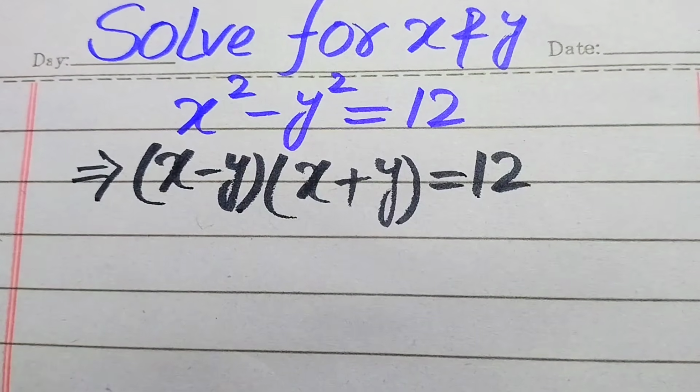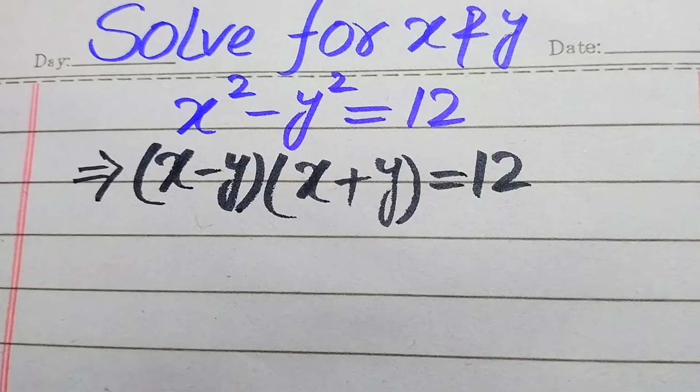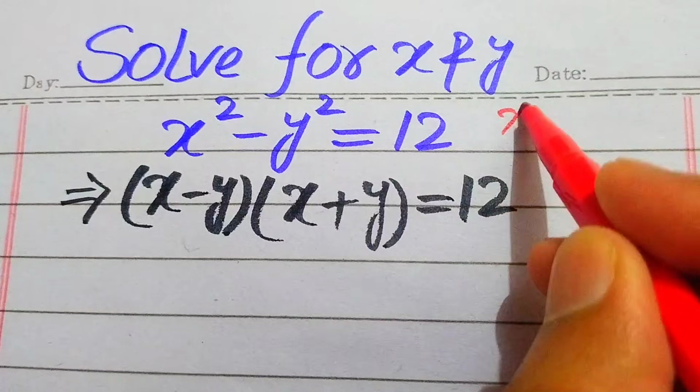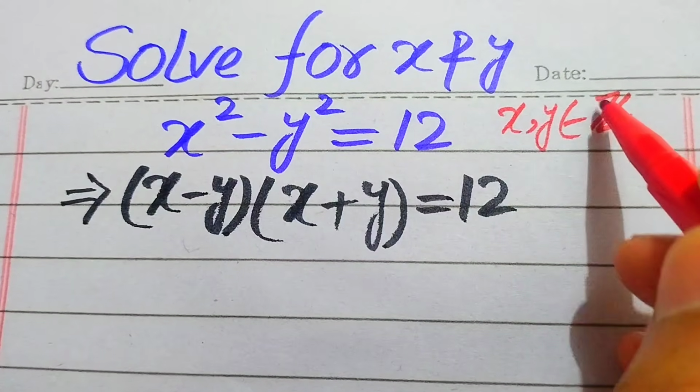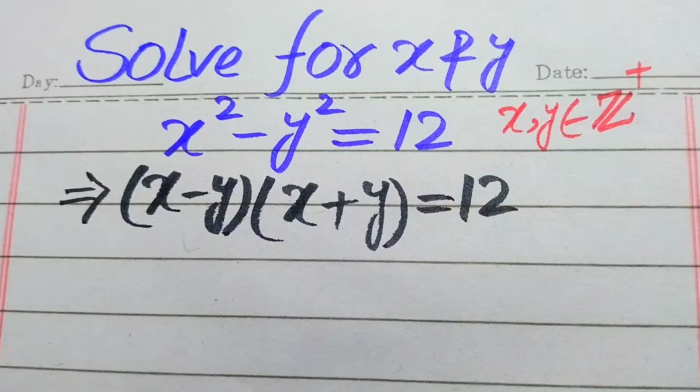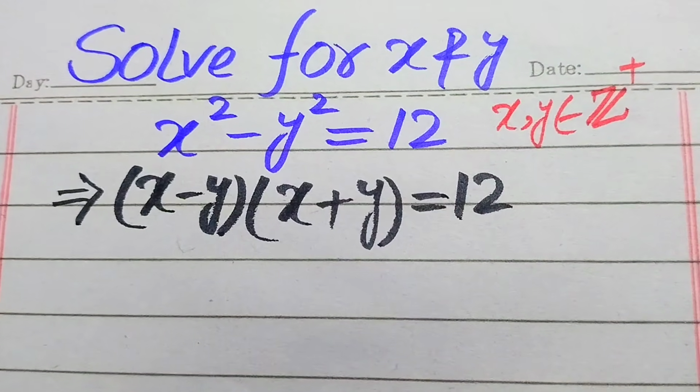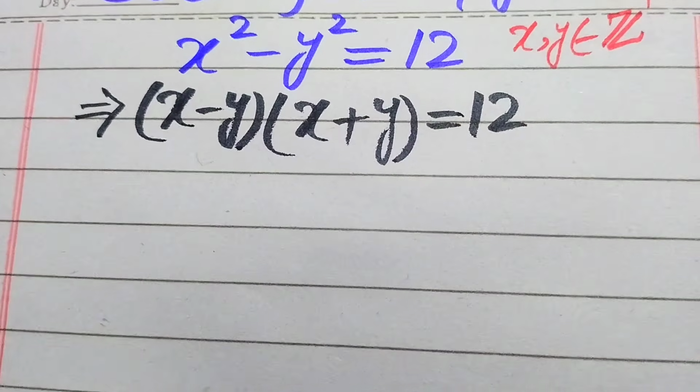First we need to find positive integers whose product becomes 12. Remember one thing: our x and y must belong to the positive integers. It means that we solve this problem only for positive integer values of x and y.